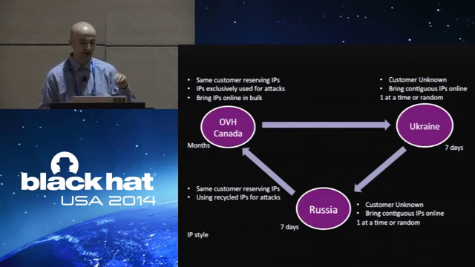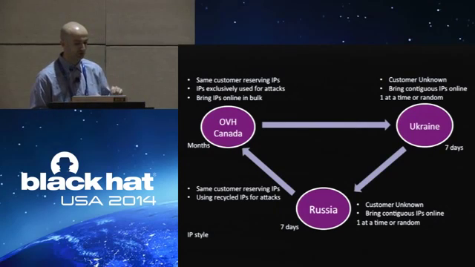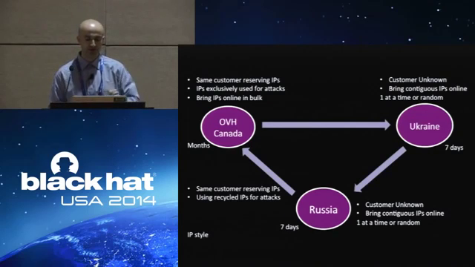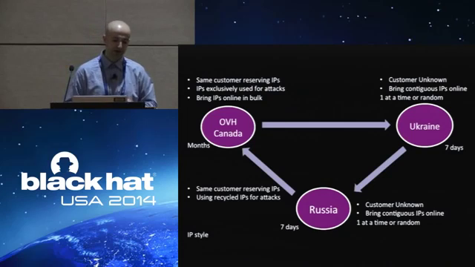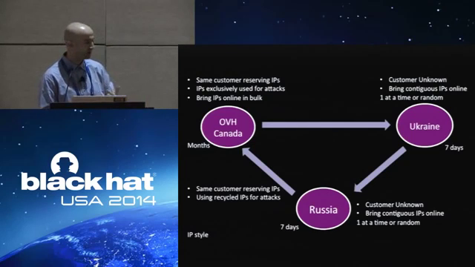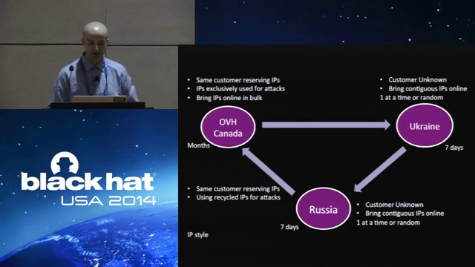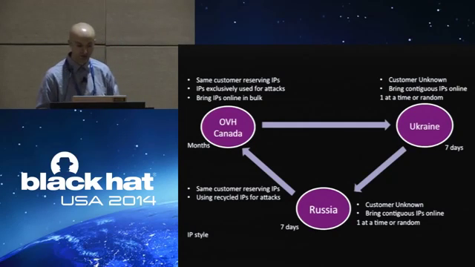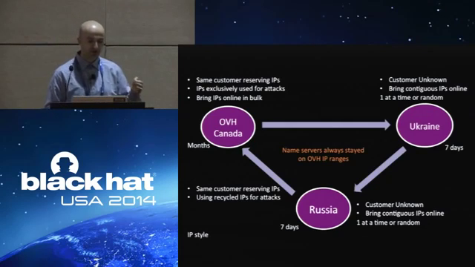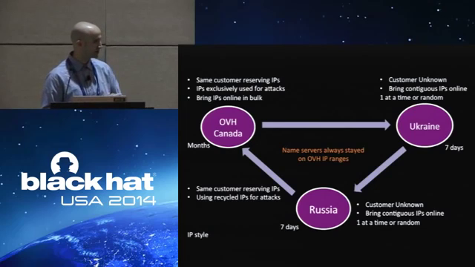But in this instance, they changed one of the features of the behavior, which was now they're using recycled IPs. So IPs that have hosted old content, benign content. And again, you can think that this is a way to evade IP reputation systems if they can figure out the heuristics used by security researchers. However, all of this time, the name servers of the nuclear exploit kit domains were still hosted on OVH IP space.